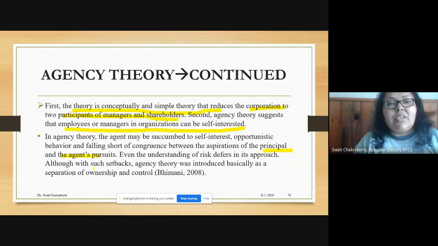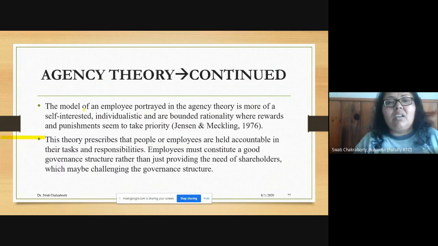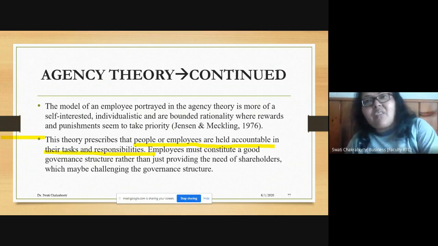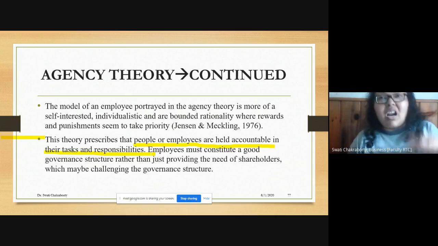Right. So when we talk of agency theory, it says that employees, the people who are working, even a manager is an employee, are accountable in their tasks and responsibilities. Why are they accountable? When we use someone else's money, we are accountable for that money. How we are using it, we are answerable, right?